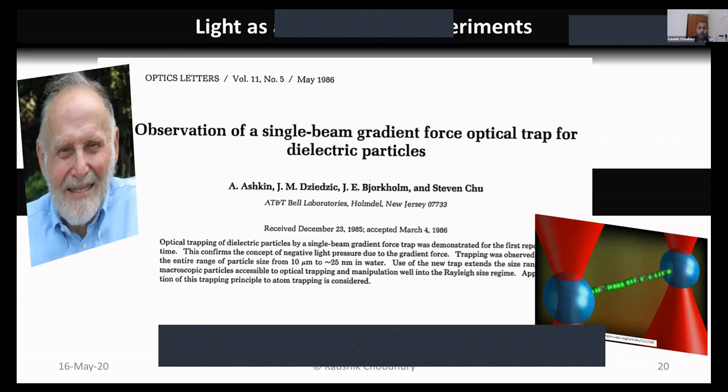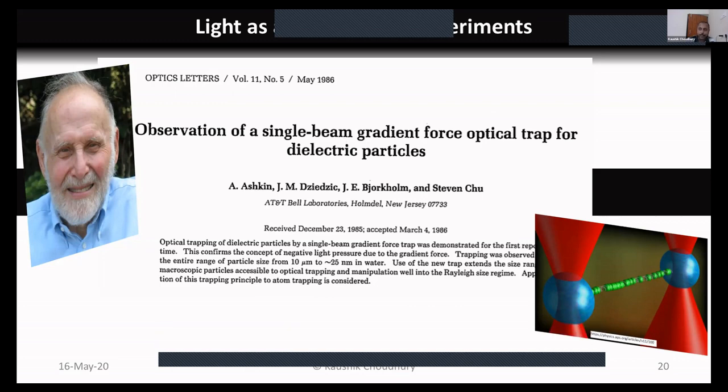This is one of the non-contact methods of handling small particles, which otherwise would have been difficult to handle. We can separate out particles, we can stretch DNA, we can fold DNA, we can do such things just because we have optical tweezers.